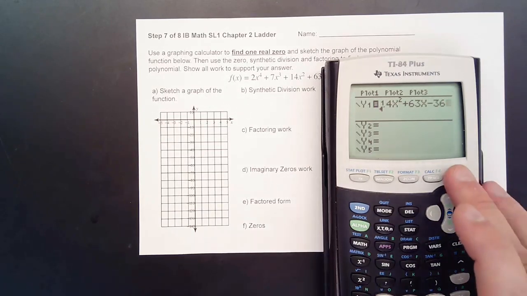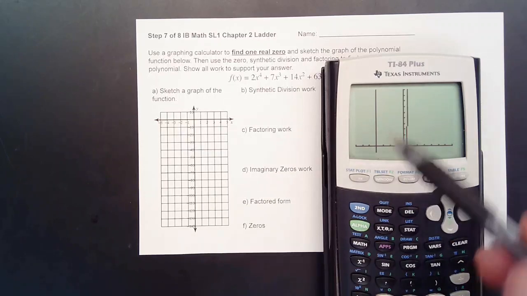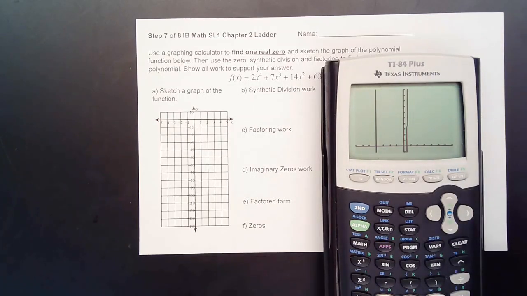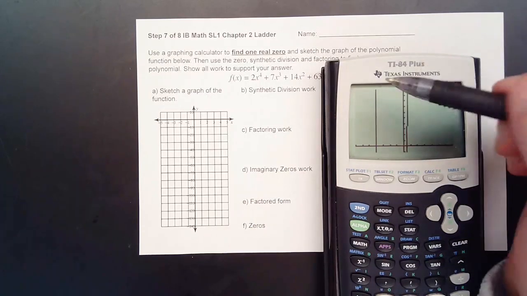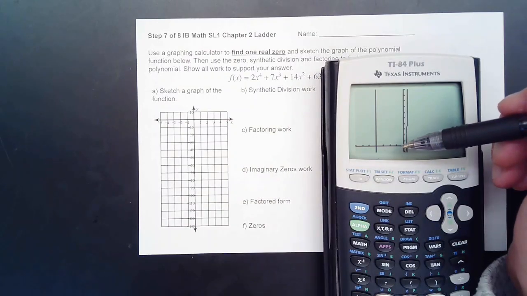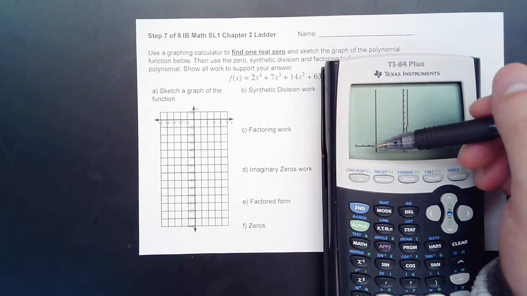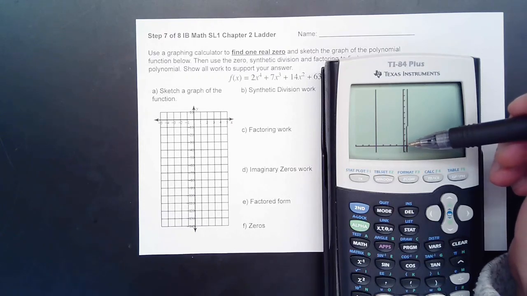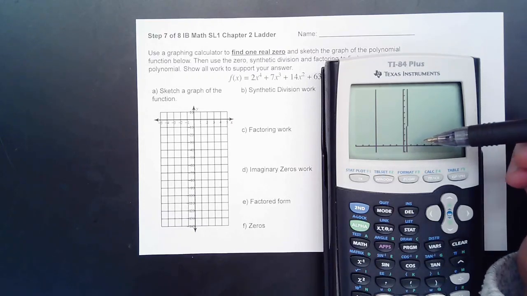What I'm going to do is hit graph, and it's graphed this thing for us. This isn't a super nice picture. It looks like our line is going through from the origin, looks like somewhere at -4 maybe, and over here somewhere between 0 and 1.